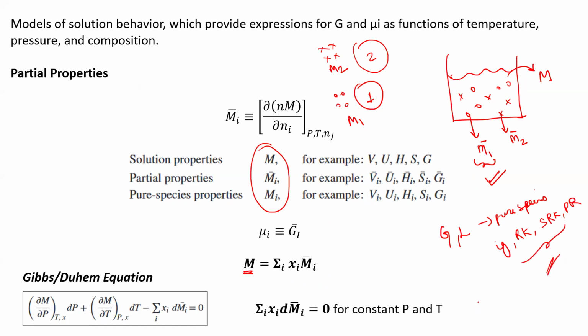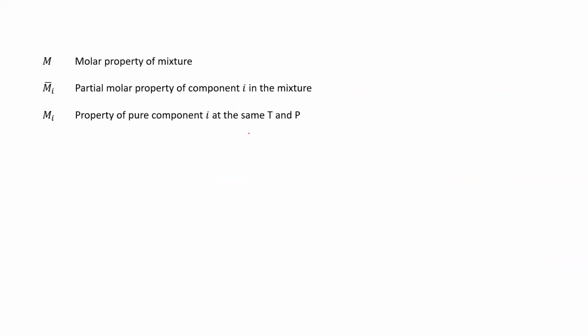Similarly, for mixtures also, we have different kinds of equations of state. Here we have the molar property of the mixture M, Mi bar is the partial molar property of component i in the mixture, and Mi is the property of the pure component at the same T and P.